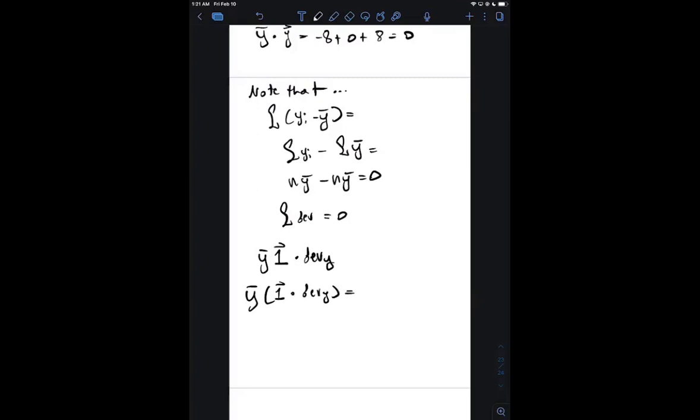And then what that equals is y bar times 1 times dev1, I guess I'll be a little bit pedantic here, plus 1 times dev2 plus 1 times dev3. And in other words, this is equal to 0.